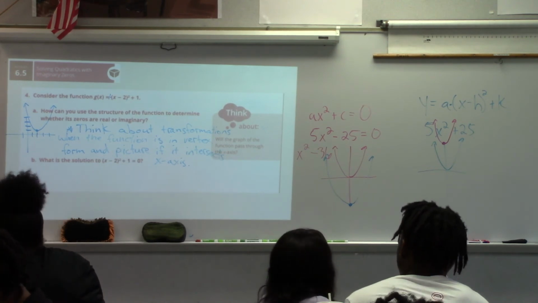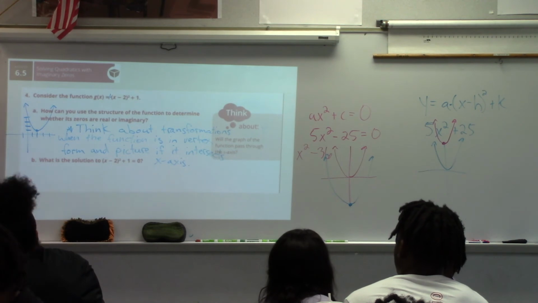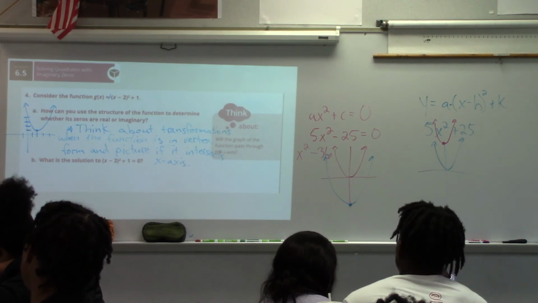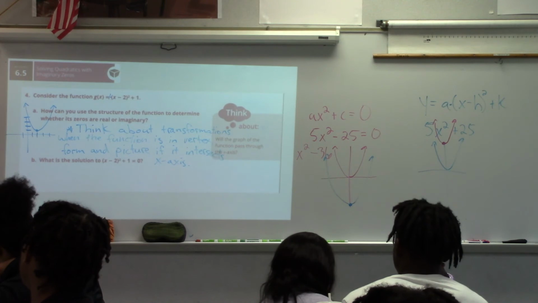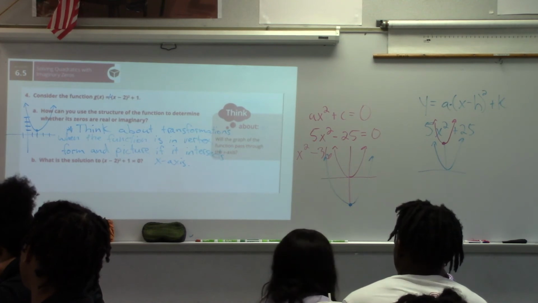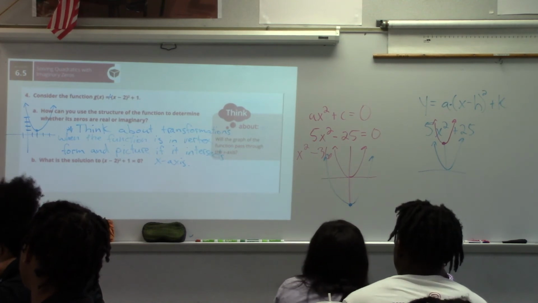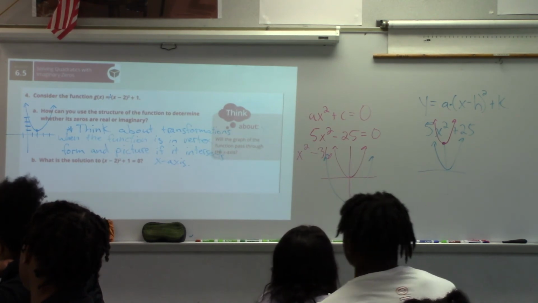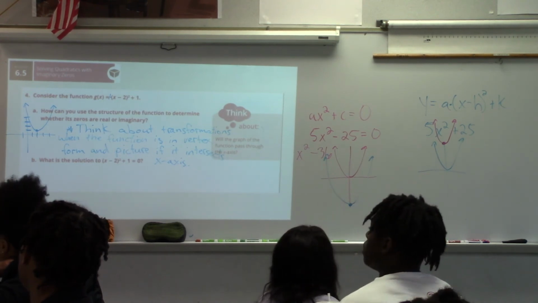Because I can find what makes this equation true. It's not a function. But there's another issue with the way the book is wording this question. Remember, we just said it doesn't have to say zeros. Why are you saying solutions?